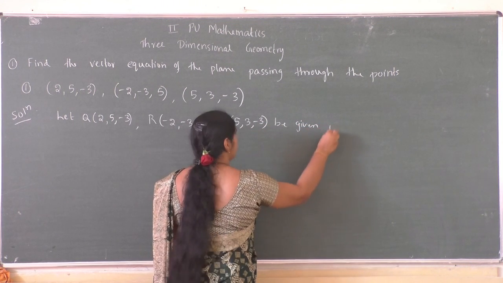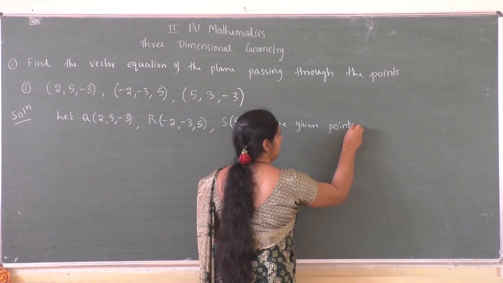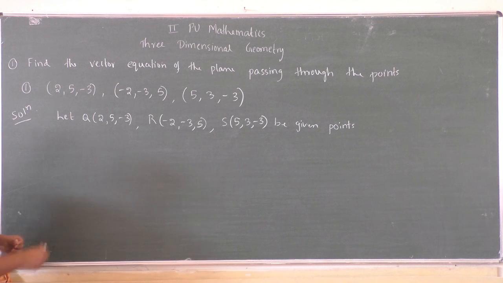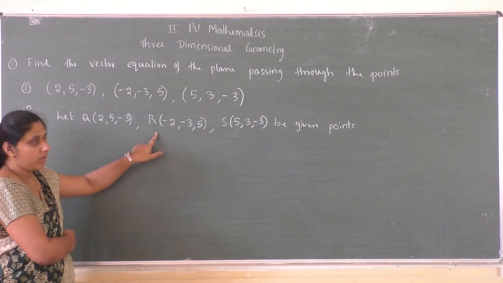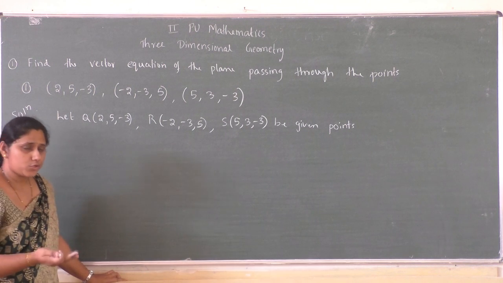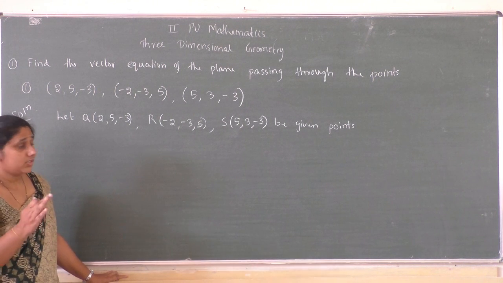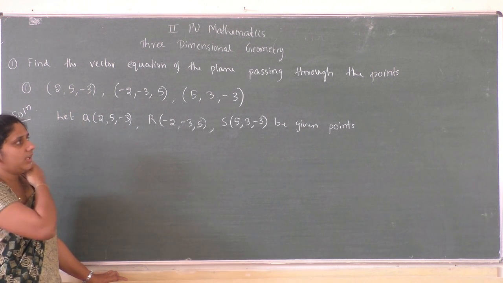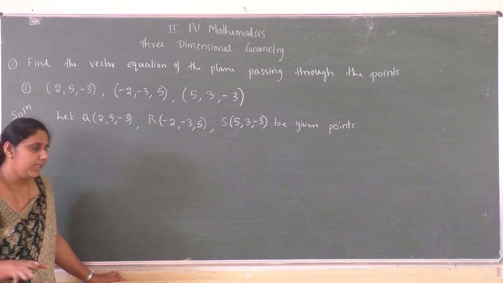For that you have to find the direction ratios of QR as well as RS. If the direction ratios are proportional, then the given points are collinear. If the direction ratios are not proportional, then the given points are non-collinear, so that you can find the equation.